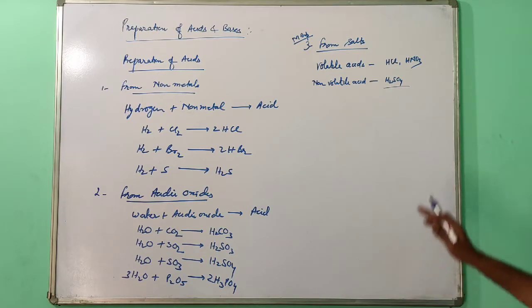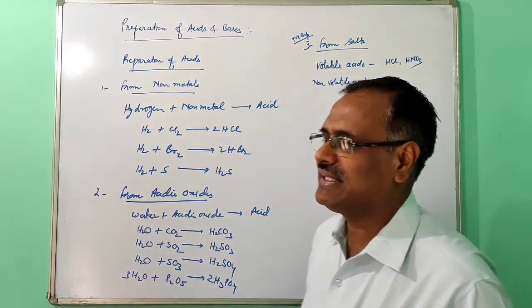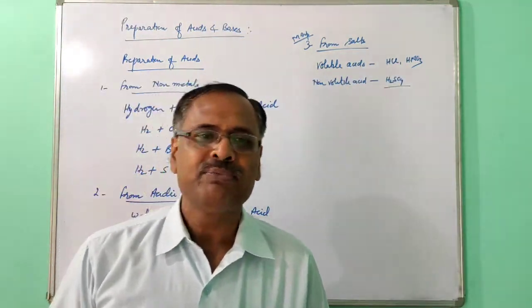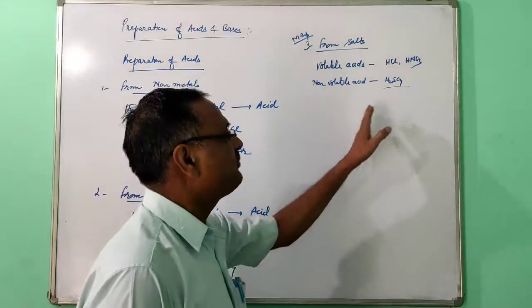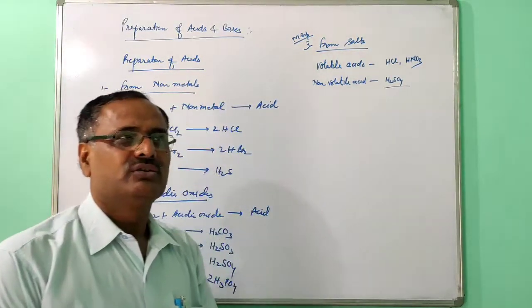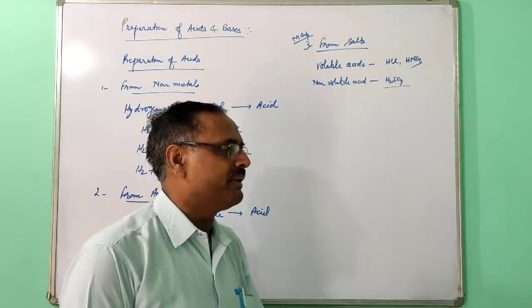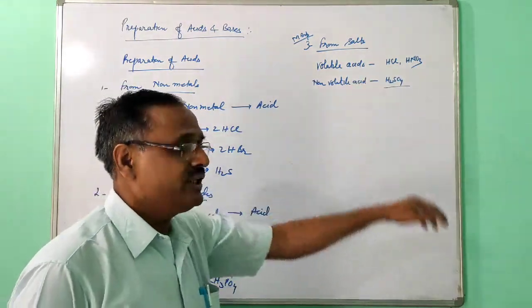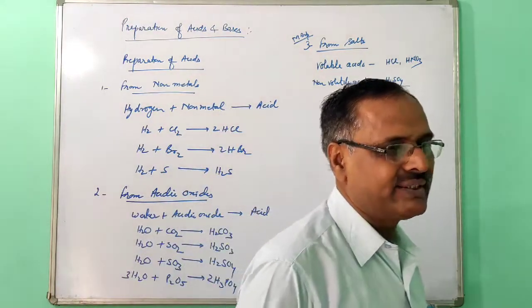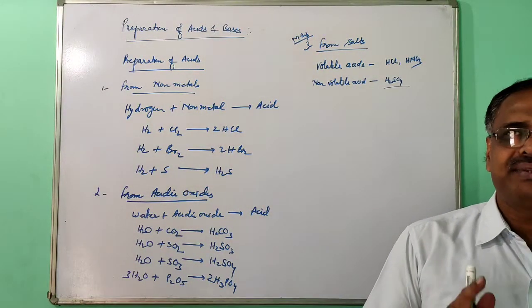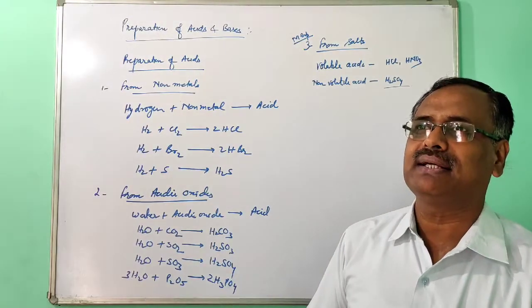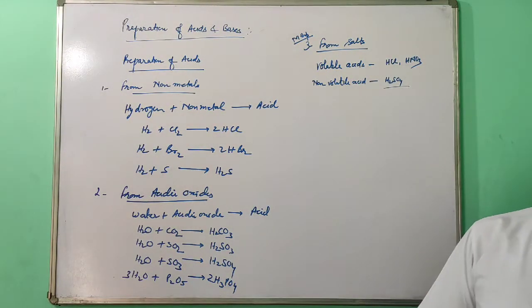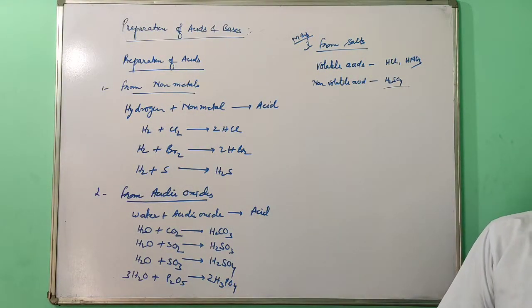Non-volatile acids have a high boiling point, and they cannot be easily converted into vapors. If you want to prepare any volatile acid, take the salt of that acid and heat with concentrated sulfuric acid. This concentrated sulfuric acid will displace that volatile acid from its salt.